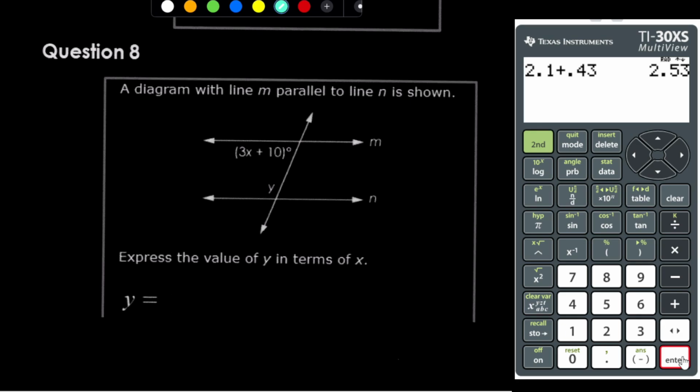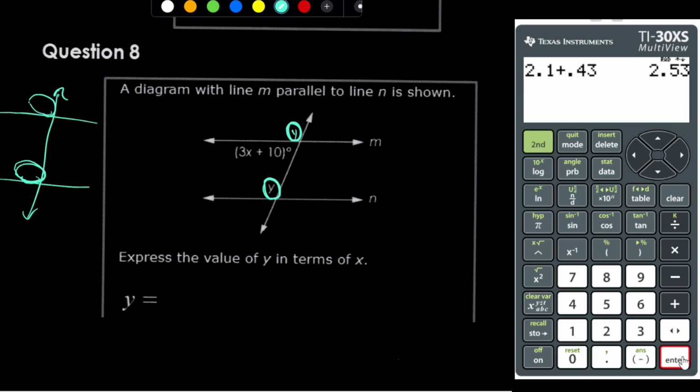So, remember when we did parallel lines cut by a transversal? The big rule that everybody remembered, for the most part, was corresponding angles, which is angles that are in the same spot on the line. So this y right here would correspond with this, because they are both in the top left position of their respective intersection.